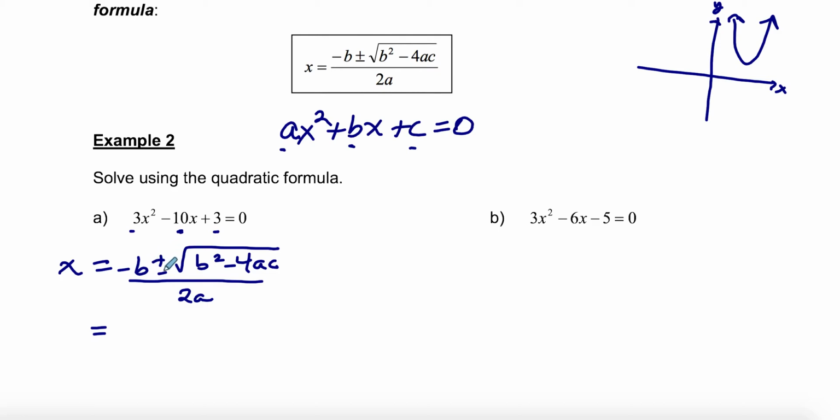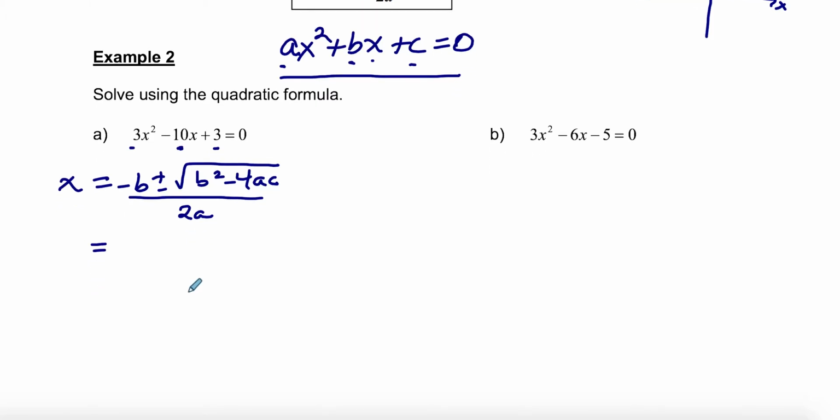And some students will say, why is there a plus minus in here? So what this equation is, it's just this equation, but we solve for x. So it's just rewritten in a different way. The plus minus sign, that's how we're going to end up getting two different answers, or two different x-intercepts when we're done.